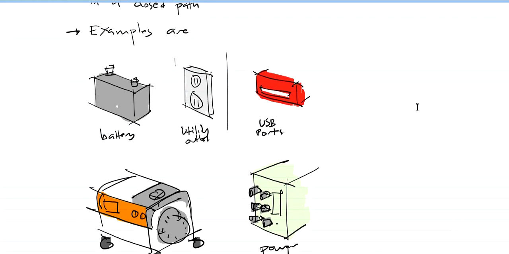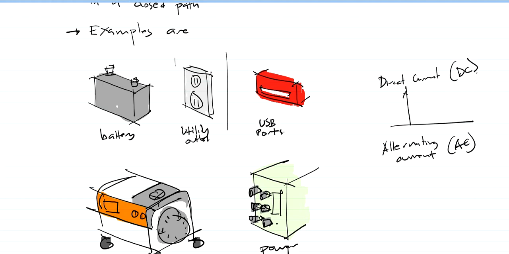Now, I've mentioned AC and DC supply. When I say DC, direct current, and we also have alternating current, or AC. If we plot the graph for direct current, it's actually a constant graph.